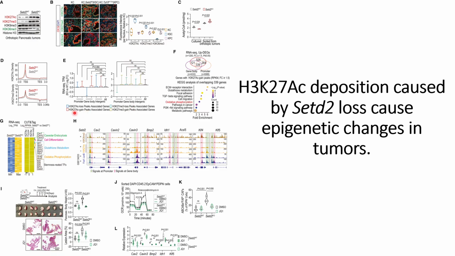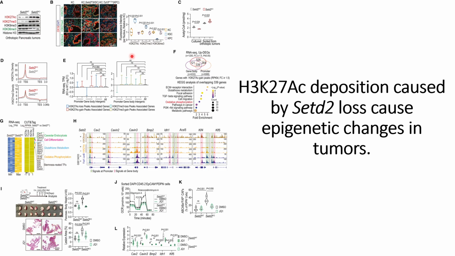So the H3K27Ac gain has a role towards all the genes that are upregulated. Right now they have established a direct, proportional relationship between H3K27Ac gain and the upregulation of the genes identified in those tumors.